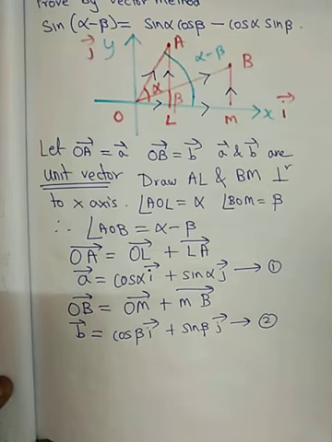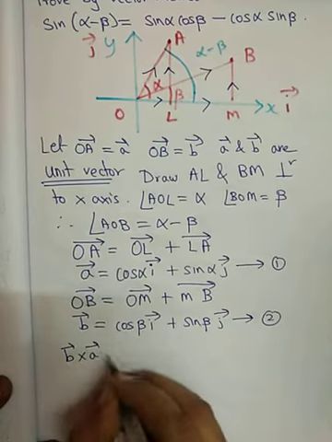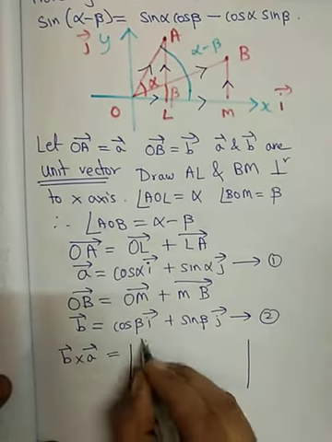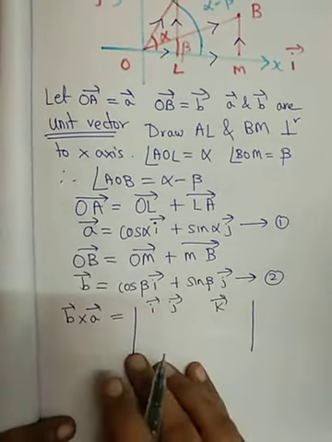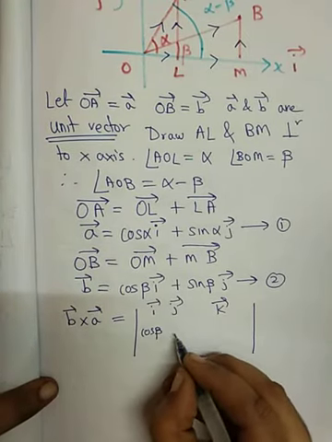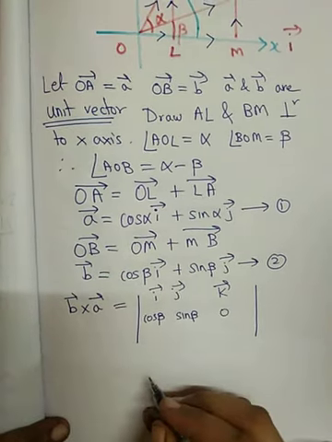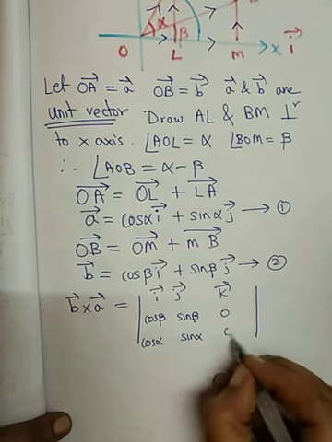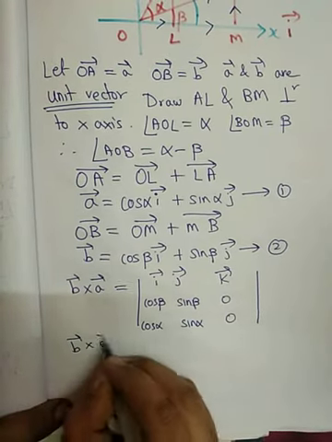Now let me do B cross A. So B cross A means we have to put determinant simple. First row I have to write it as i vector, j vector and k vector. For B the numbers are cos beta, sin beta, there is no k, so 0. For A vector the numbers are cos alpha, sin alpha, and the k component is 0. Now let us do the cross product.